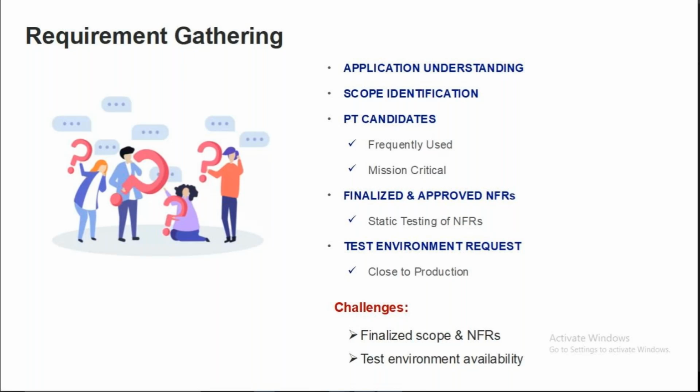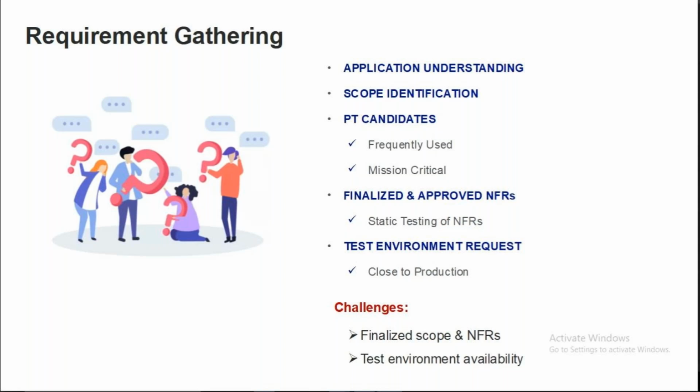And remember always, you should have an approved and finalized list of scenarios from the customer, because based on that only you will come up with your test plan and test strategy. Now later in the project, if they change that, you will have to put in additional efforts, right?